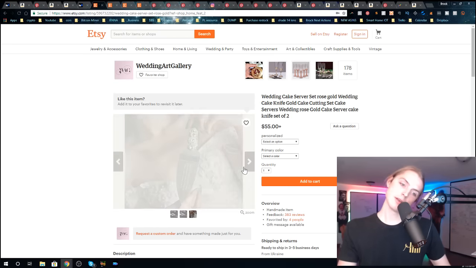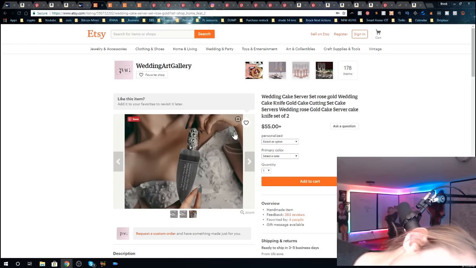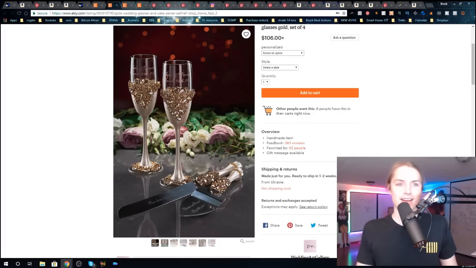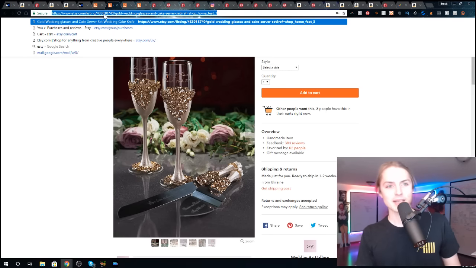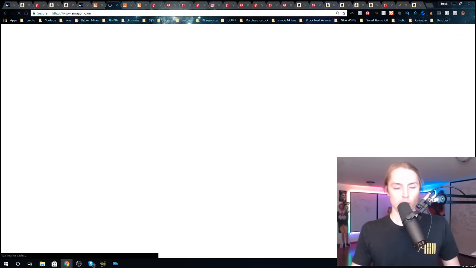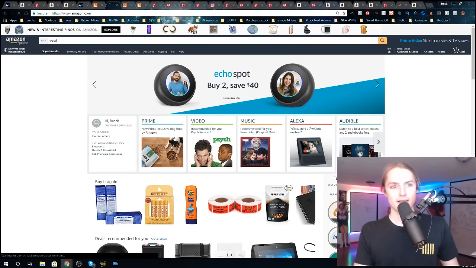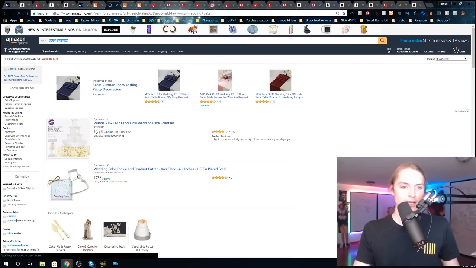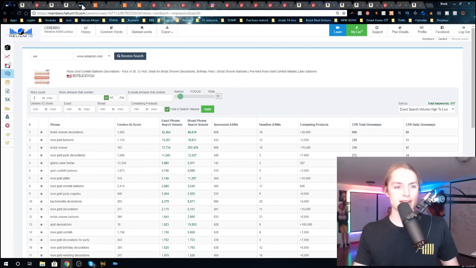Let's see. No, this is not. Okay. Wedding cake knife gold cutting set. Let's see. Wedding cake. I would actually put that into Magnet here.